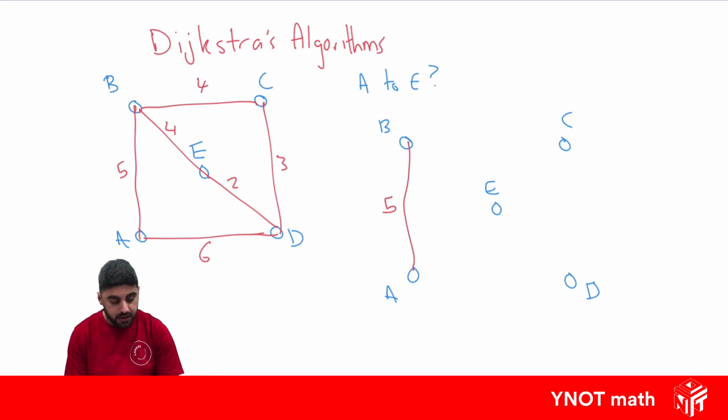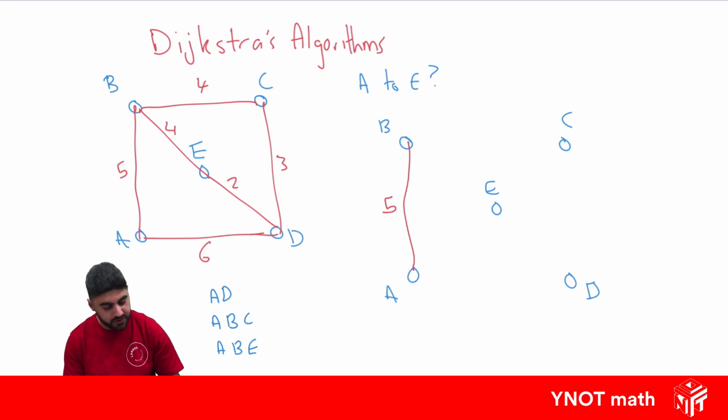Now, with this algorithm, we need to always go back to our starting vertex to work out the minimum distance to add another vertex in. So my options are, I can go from A to D, I can go from A to B to C, I can go from A to B to E. I'm looking at adding in another vertex, but always starting from A. And they're my only options.